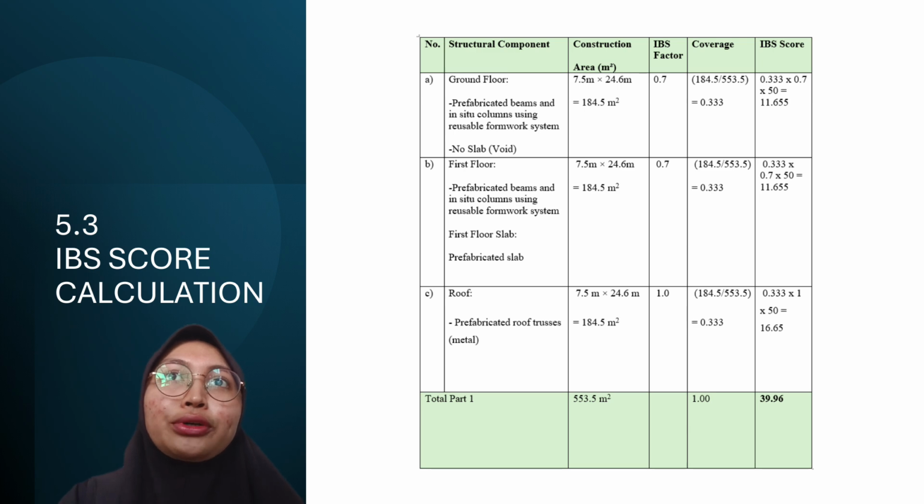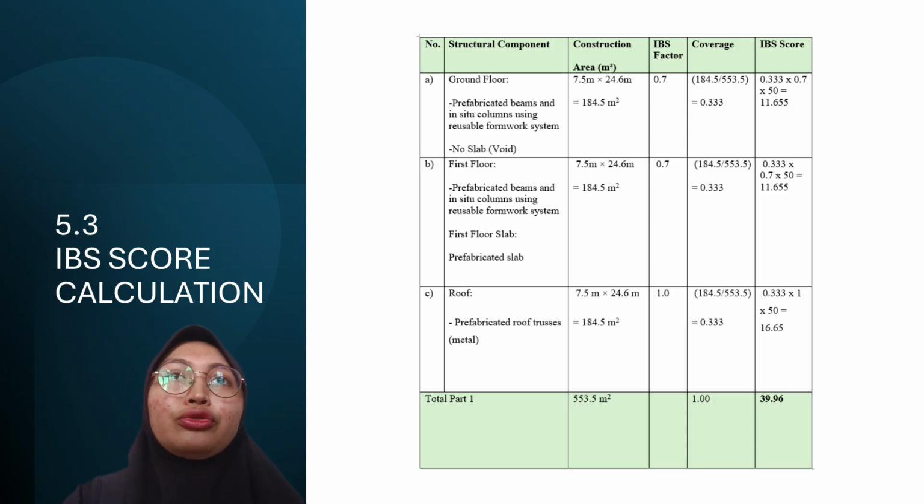The IBS factor for this type of system is 0.7. So the calculation is 0.33 times 0.7 times 50, which gives 11.6655 points.